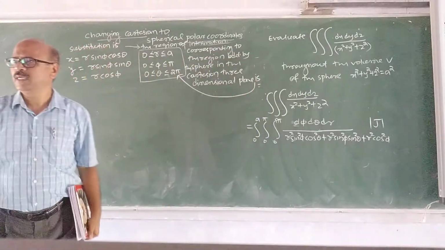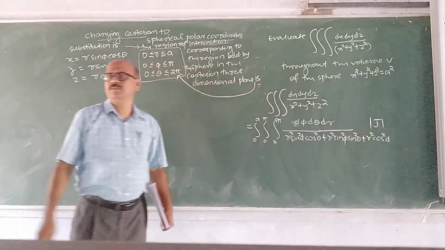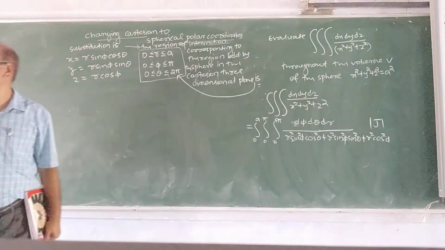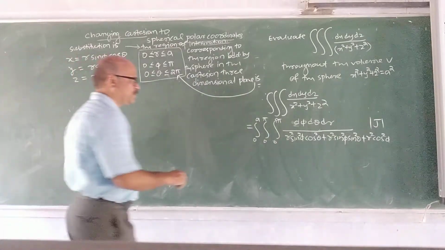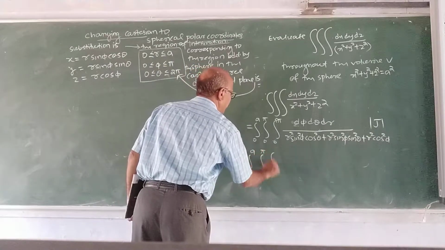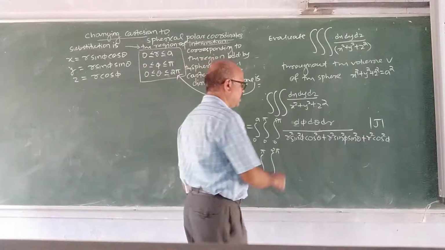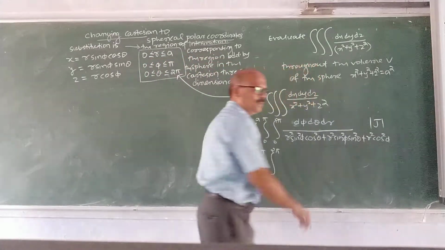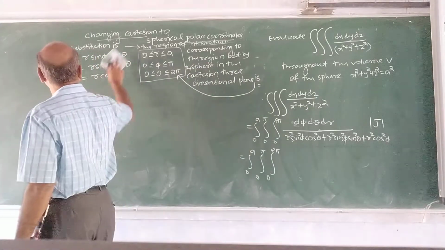Yes. Into this, the Jacobian is important. Zero to a, 0 to pi, 0 to 2 pi. Now you separately simplify this.